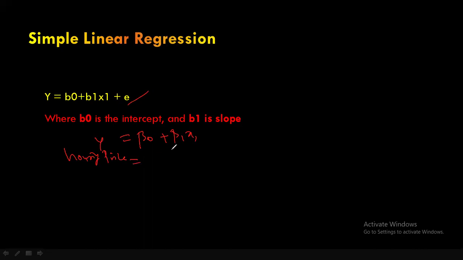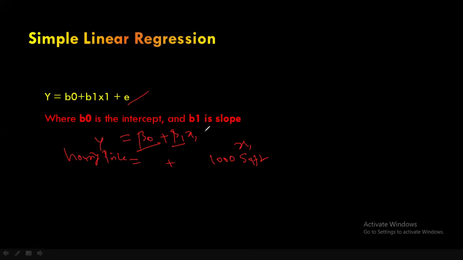What is x1? x1 is the size of the house, let's say 1,000 square feet. This is your x, or x1. Beta naught is your intercept and beta 1 is your slope. You don't have to worry about computing the intercept and slope manually. I will tell you the formula a little later.